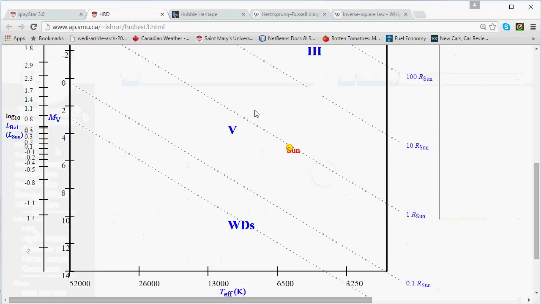Now our goal here is to find out where stars fall in this diagram when we look at them very generally. And so presumably the most complete and accurate way for us to do that would be to go out and survey the total population of stars. That is, every star in the universe, or at least every star in our own galaxy, the Milky Way galaxy.